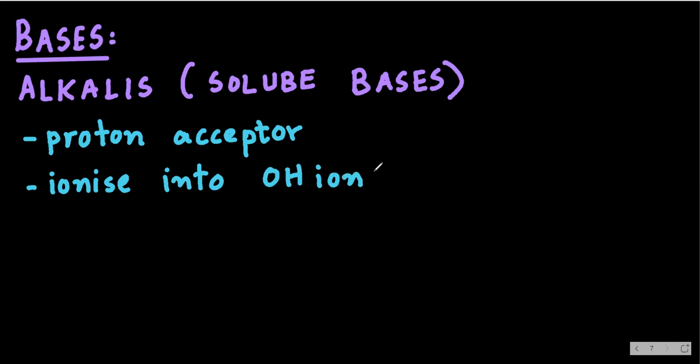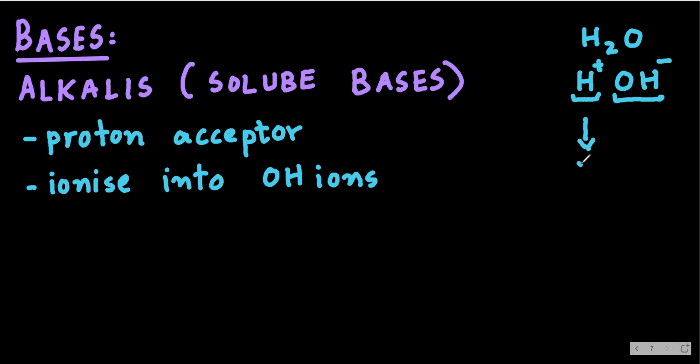Like acids have H plus ions, they have hydroxide ions. We already know water, H2O. How do I write this? HOH. Two H and one O. So what does it have? H plus and OH minus. The ones which have H plus ions will be acids, and the ones which have OH minus will be alkalis.